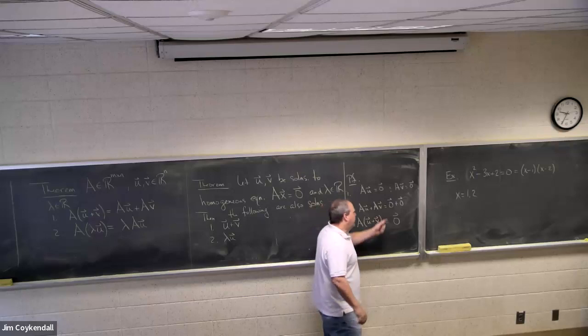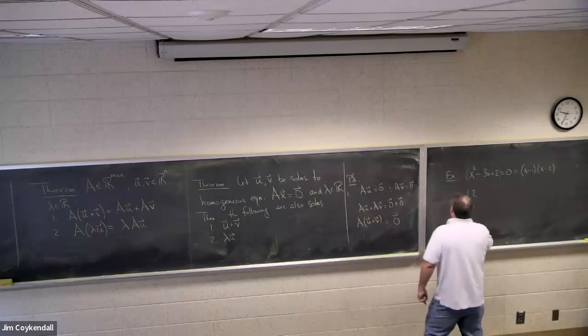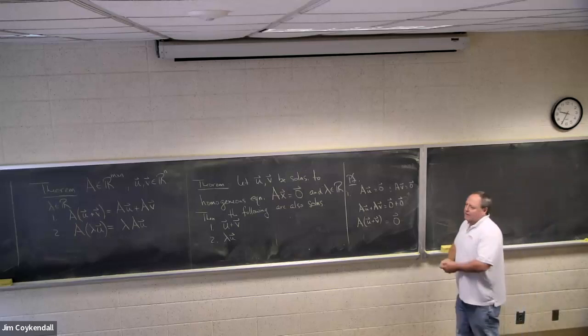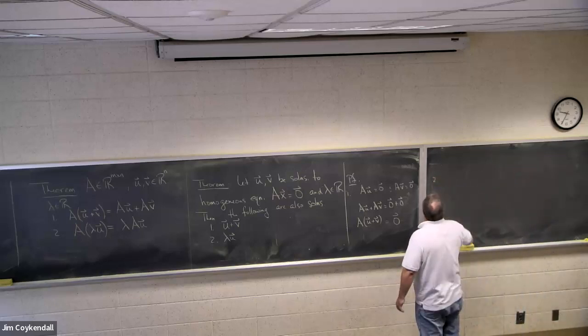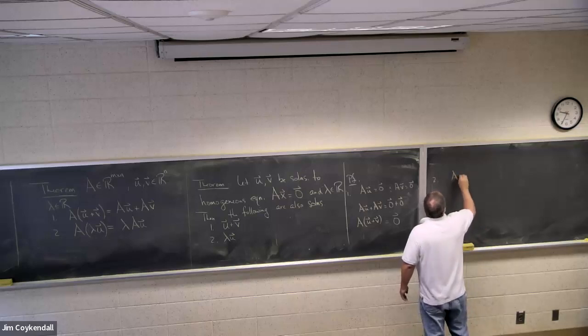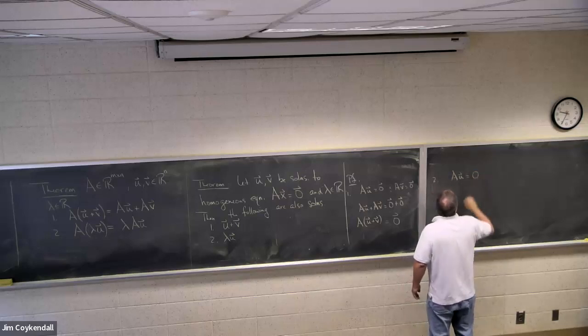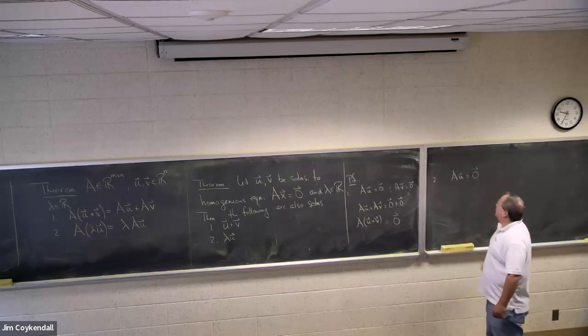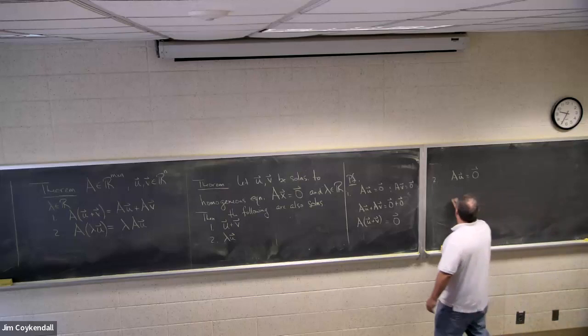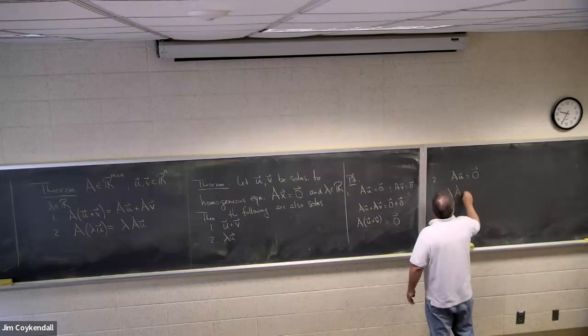It's very, very important that these are homogeneous here. Even linear systems that are non-homogeneous don't work. Now, if Au is the 0 vector, well, if I multiply by any number, it's still the 0 vector.